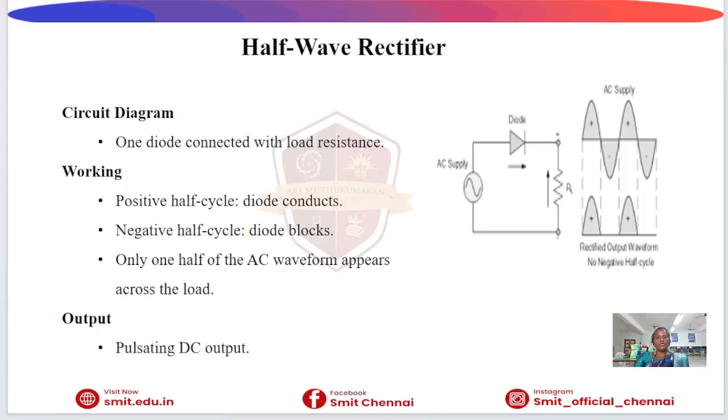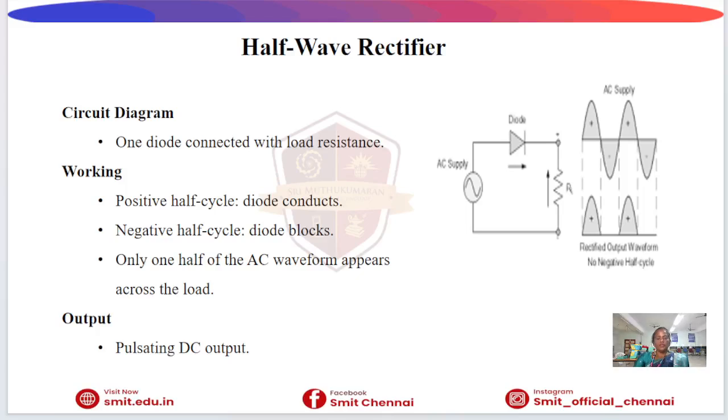During the negative half cycle, the diode becomes reverse biased and blocks the current. As a result, only the positive half of the input waveform appears across the load. Although the circuit is simple and inexpensive, it utilizes only half of the input signal, which leads to poor efficiency and significant power loss.